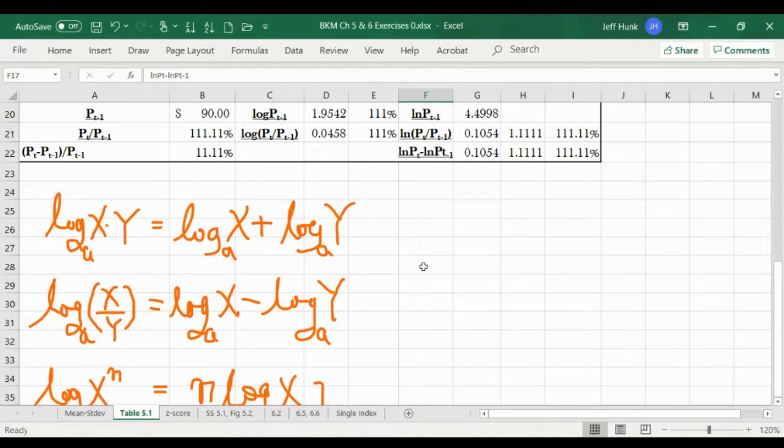I'm not going to go into it, with very limited time. This is something that was already covered in Finance 100.